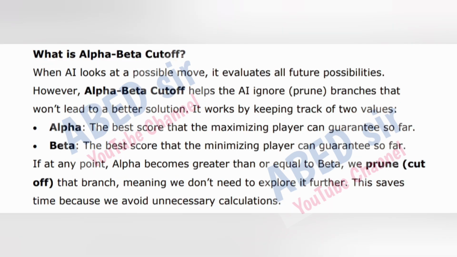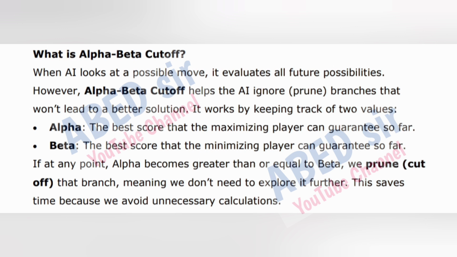What is alpha-beta cutoff? When AI looks at a possible move, it evaluates all future possibilities. However, alpha-beta cutoff helps the AI prune branches that won't lead to a better solution.